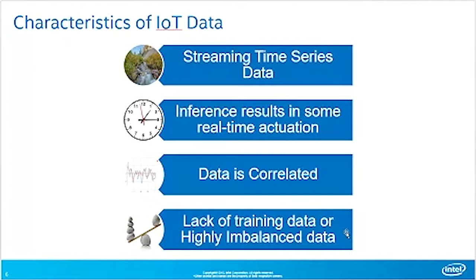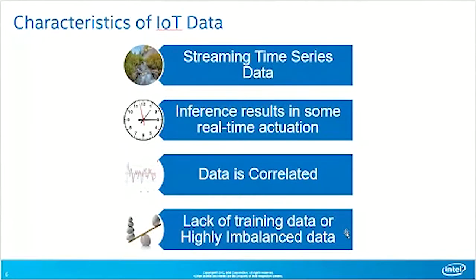So that is highly imbalanced data, because you have lots and lots of good data where the system is working very efficiently, but occasionally you will see data where the system is not working efficiently. So that is very imbalanced data.